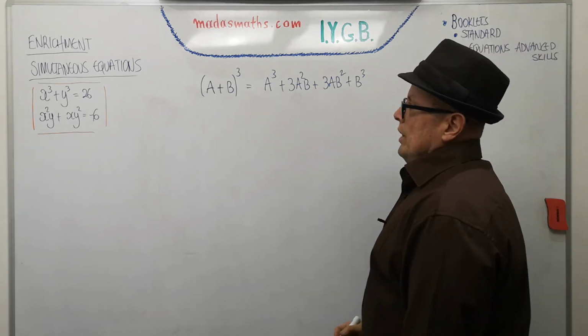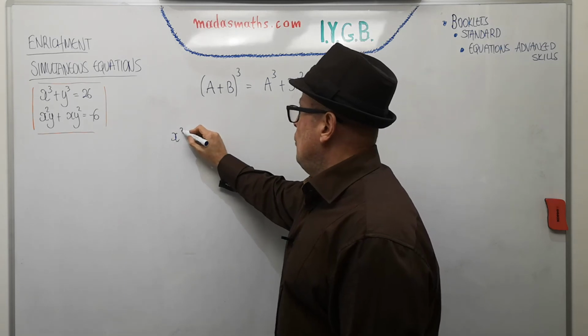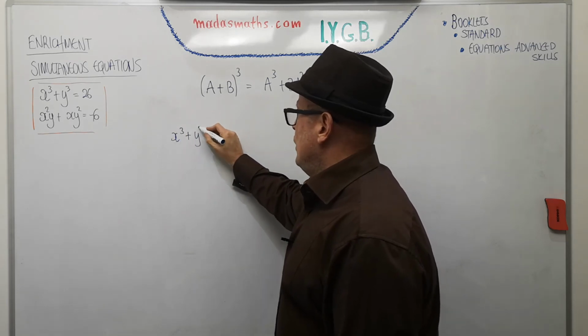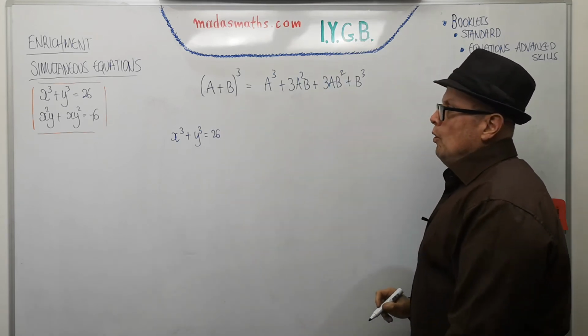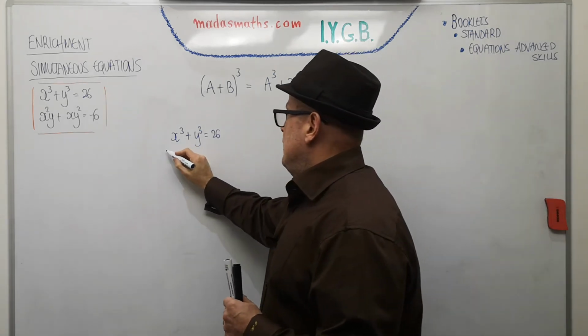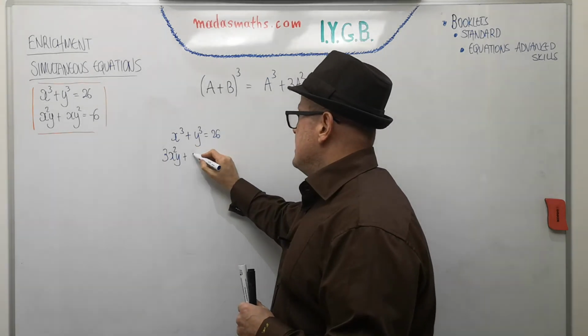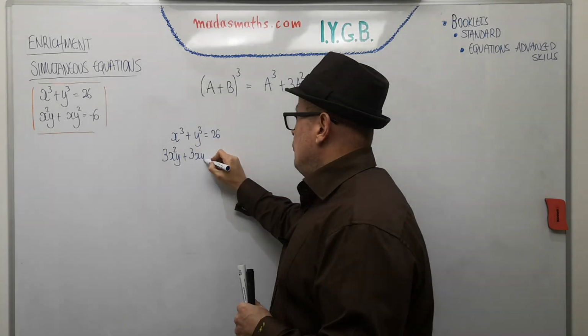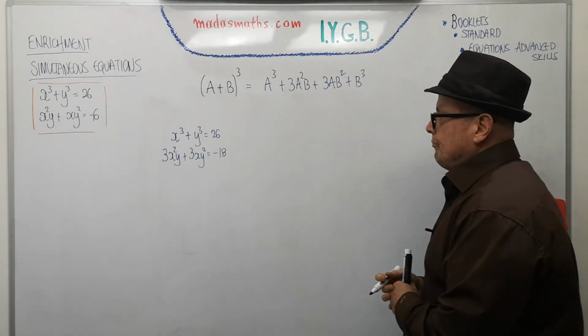So what I can do there is I can write the first equation again, x cubed plus y cubed, as it is, and I'm going to triple the second equation underneath it. So I'm going to say 3x squared y plus 3 lots of xy squared, quite clearly is negative 18.